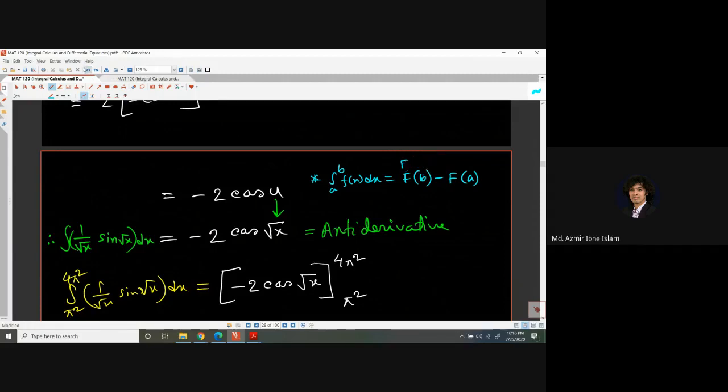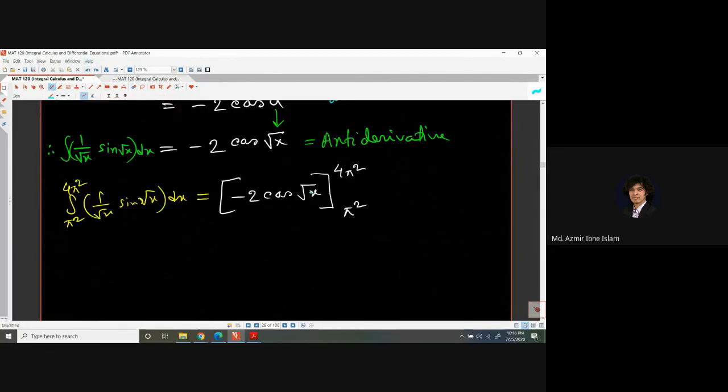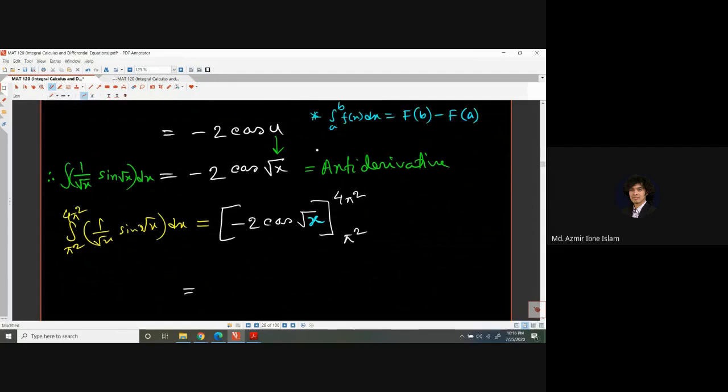At first, try to figure out the input here. Here we have input x. In that place we need to input the upper limit and lower limit. So first of all, the antiderivative at the upper limit. Since we can see that negative 2 is a constant, why not bring it out?